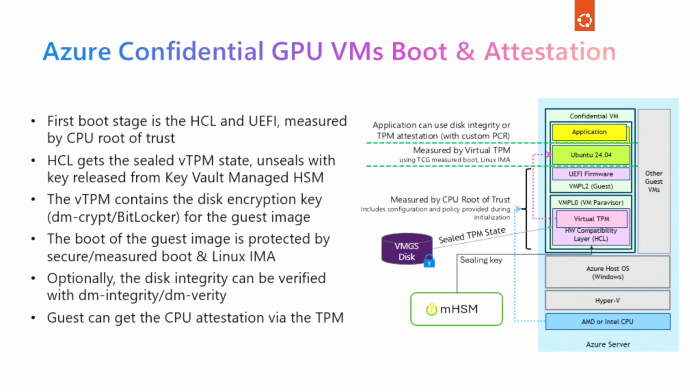So the way that we had to operationalize it is that we have a staged booting process, where we have a first stage, which is going to have a very small kernel that's the hardware compatibility layer. And that will be measured, but it's only a few tens of megabytes, by the root of trust of your CPU.